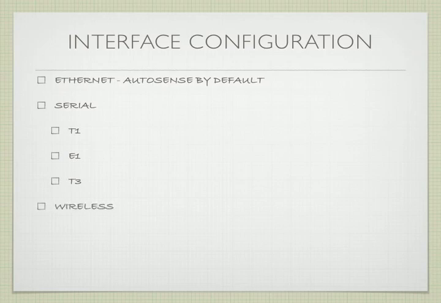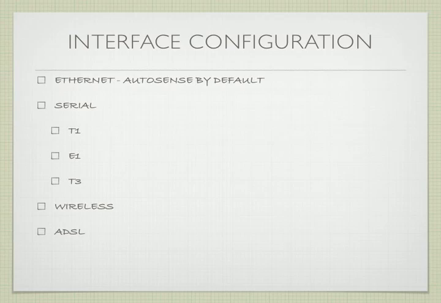Wireless is available on a number of the models, so the antennas would be physically attached to the back of the device, and a virtual wireless interface can be configured and added to whatever zone and IP addresses are desired. And also there are ADSL interfaces available on the ScreenOS architecture.